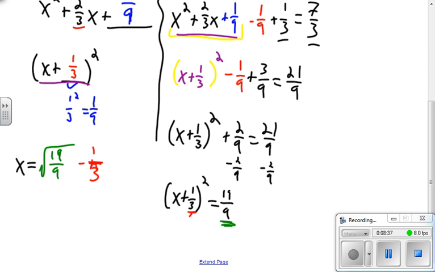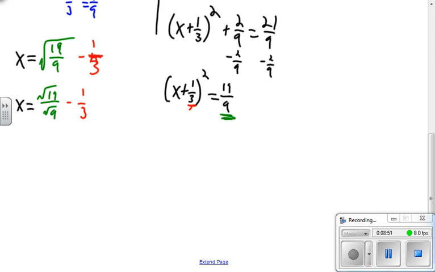Now, we don't want to leave a radical in the denominator, so we have to simplify this a little bit further to say x equals square root of 19 over square root of 9, still subtracting our 1/3. So then x equals square root of 19 over 3, because the square root of 9 is 3, minus 1/3.